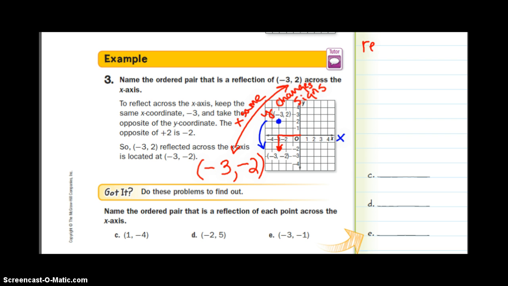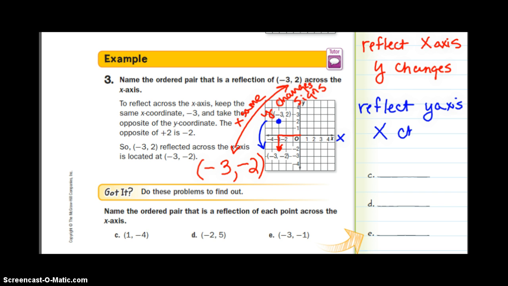So if I reflect across the x-axis, the y changes. Now, what do you think would happen if we reflect across the y-axis? You guessed it, the x changes signs.